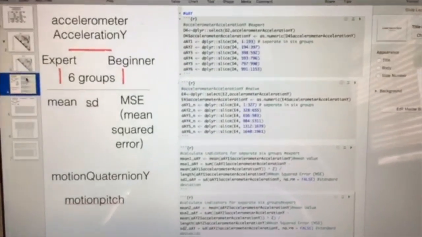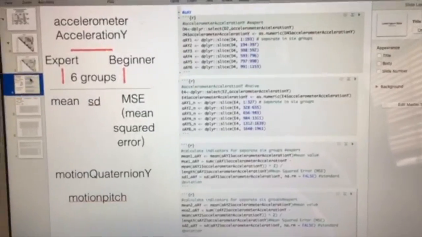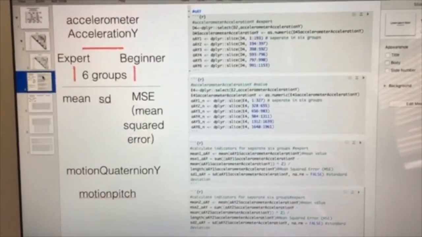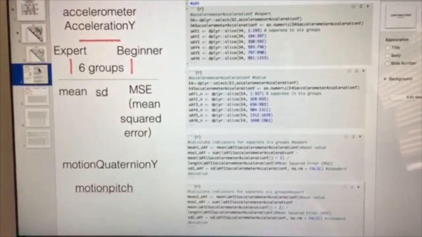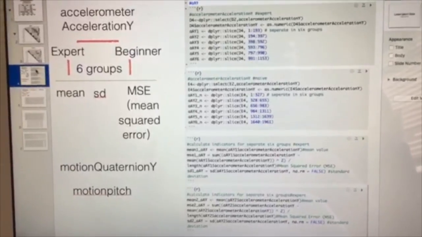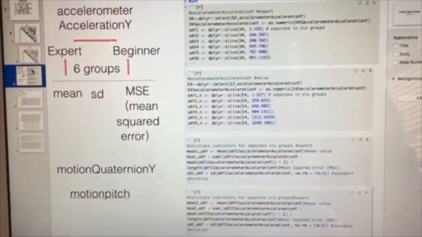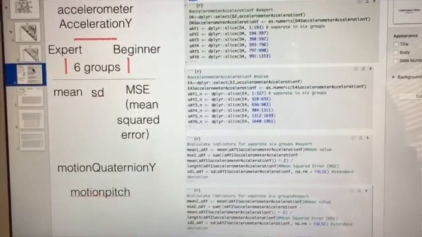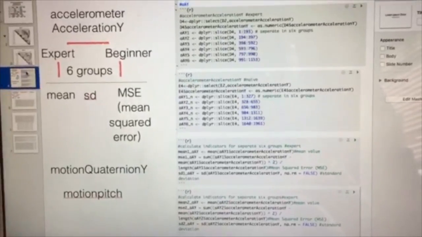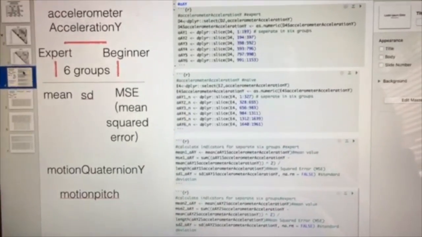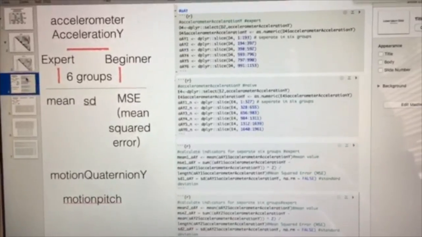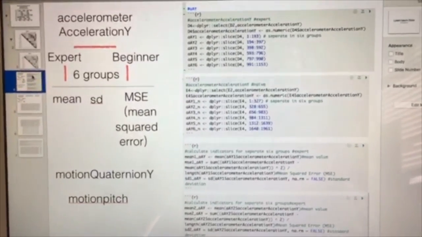To run this, I start with acceleration y as the indicator, to separate them into expert and beginner groups, and then each one has 6 groups of data for 3 indicators: mean, standard deviation, and mean square error.